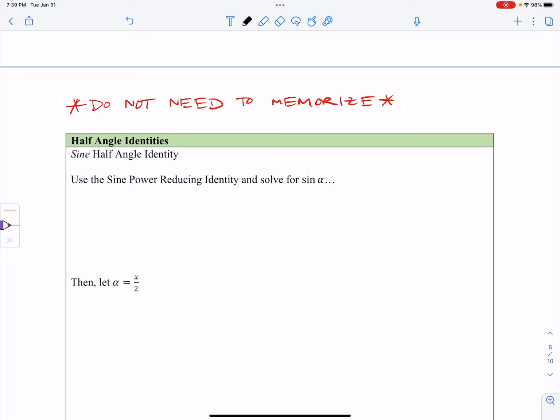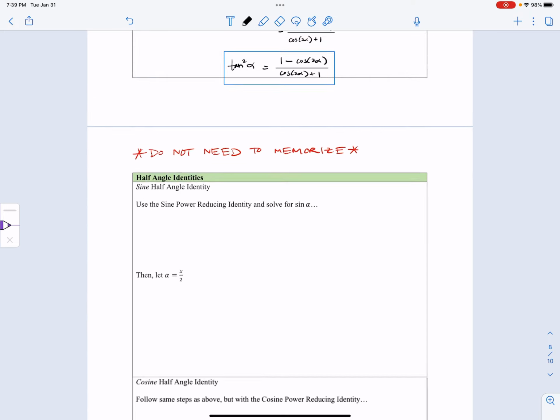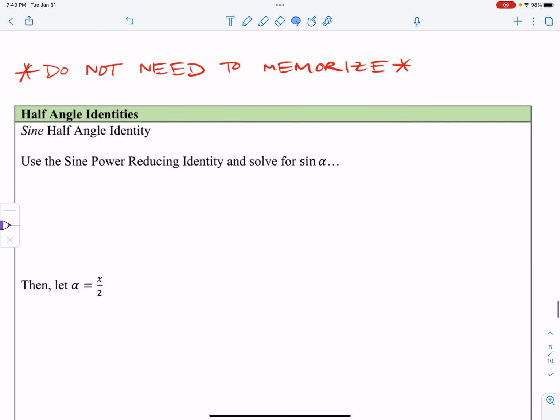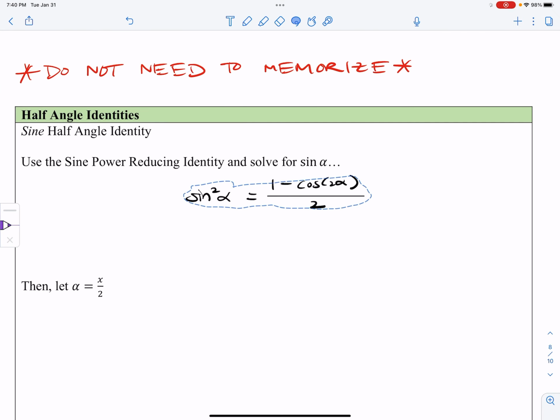Okay, so referencing sine's power reducing identity, here I can just go up here and copy and paste. There we go.